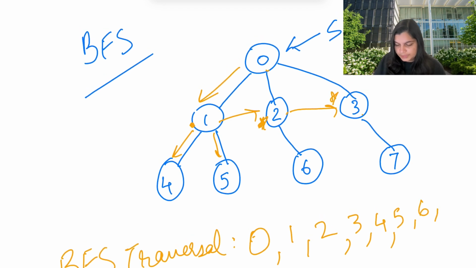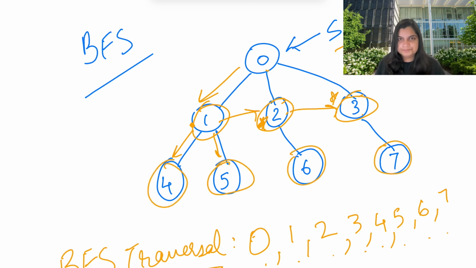Here with 3, my neighbor is 7. So my output, the BFS traversal, is now 0, 1, 2, 3, 4, 5, 6, and 7. If you see here, we first started from our source node and traversed all of the neighbors in sequence. Then for each of them, I traversed the neighbors. This is how BFS works.